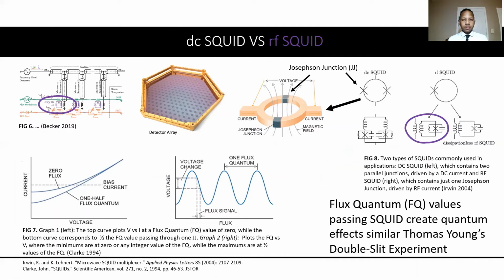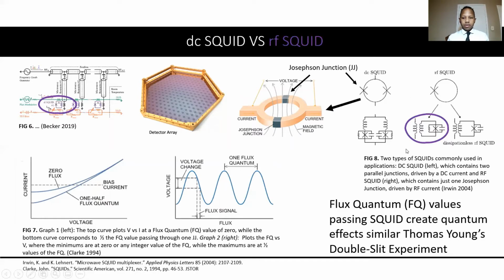So there's two types of SQUIDs. There's a DC SQUID and an RF SQUID. The RF SQUID consists of just one junction, and the RF SQUID specifically is the same SQUID that's been used in the MUMOX and the same SQUID that's been used at Simons Observatory, SAT, and LAT telescopes. And the main difference between the DC SQUID and the RF SQUID is that the DC SQUID has two Josephson junctions, and the DC SQUID is operated using a DC current, whereas the RF SQUID is operated using a change in frequencies.